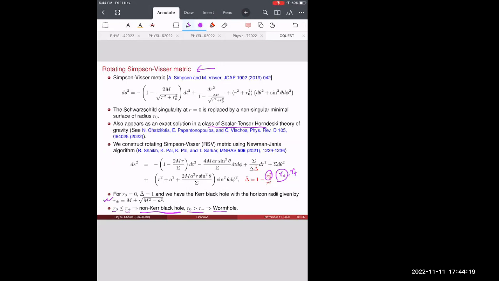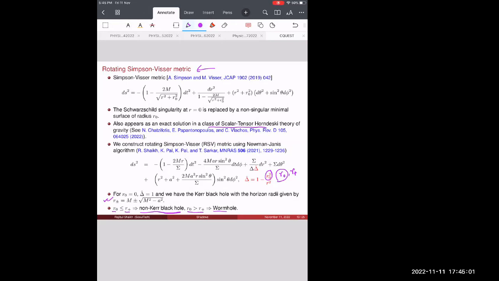But if we consider this to be a solution in, say, a scalar-tensor or Horndeski theory, then these parameters must be related to the theory parameters. So if we constrain this R naught using the EHT results, then we put a constraint on the theory parameter also. If the parameter is related to the theory, then the constraint obtained from the Sagittarius A star result and the M87 result should be the same, because it is related to the theory, not to the individual source.